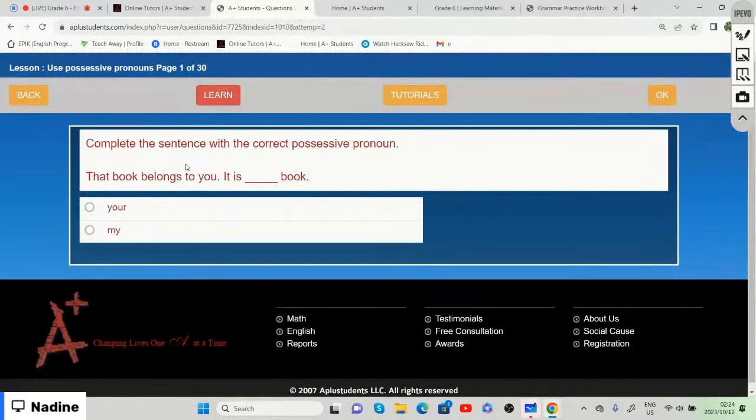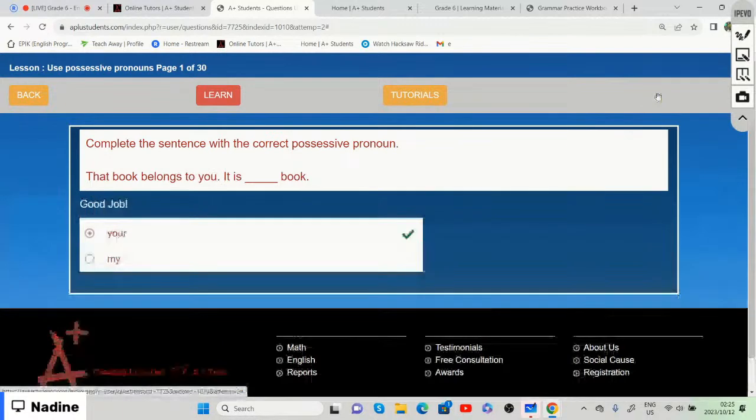So we say that the book belongs to you, and if the book belongs to you, we say it is your book. Yes, it is your book. So well done.